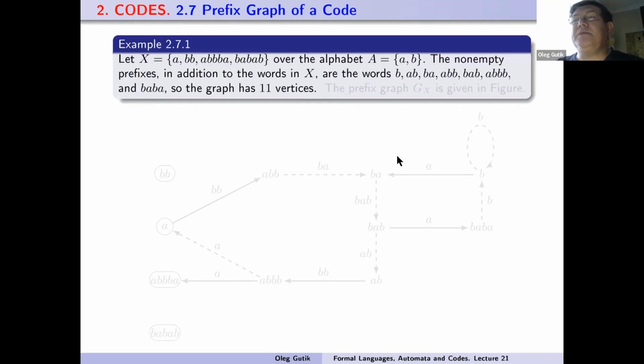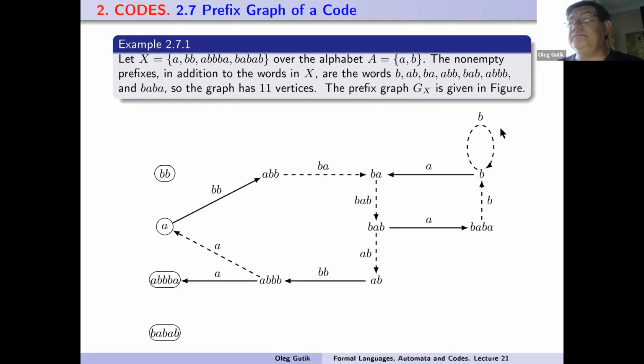The non-empty prefixes, in addition to the words in X, are the words b, ba, bba, babb, ababb, and baba. So the graph has 11 vertices. The prefix graph G_X is given in the following figure.